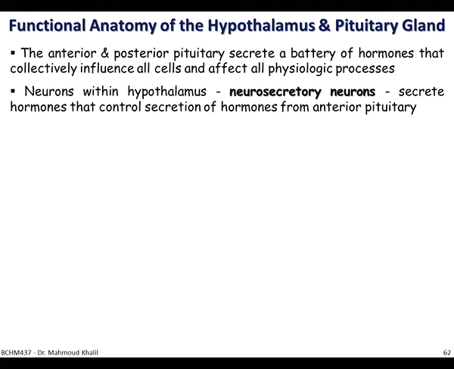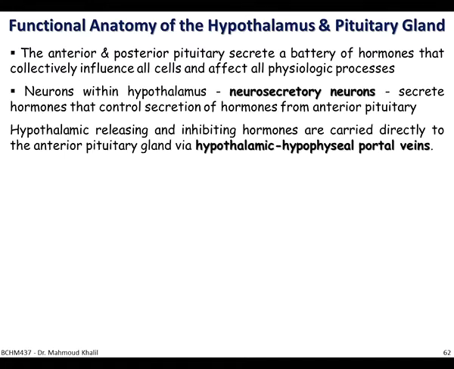Neurons within the hypothalamus, which are called neurosecretory neurons, secrete hormones that control secretion of hormones from the anterior pituitary. So the hypothalamic releasing and inhibiting hormones are carried directly to the anterior pituitary gland via, as we said before, the hypothalamic hypophyseal portal system or portal veins.